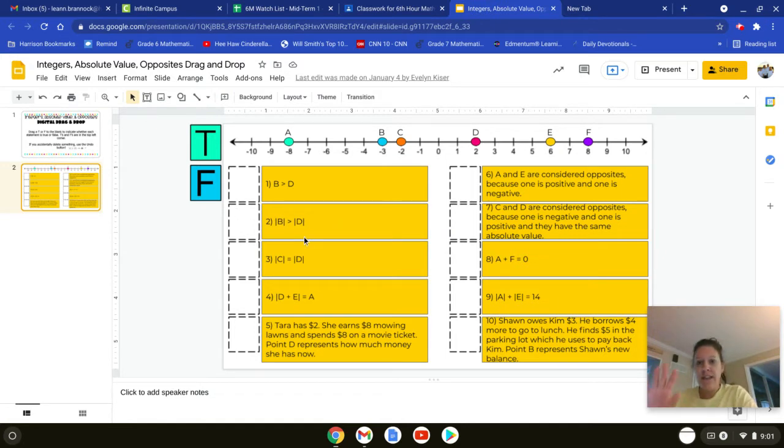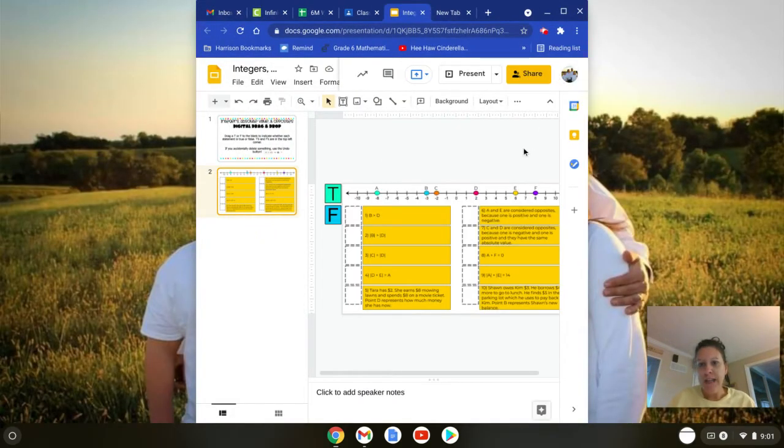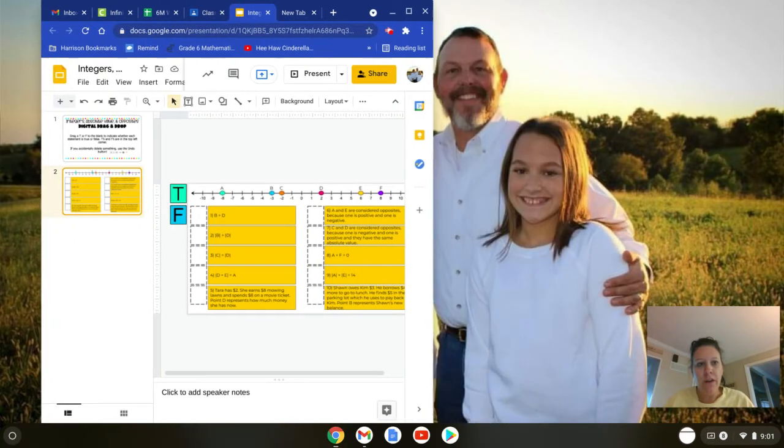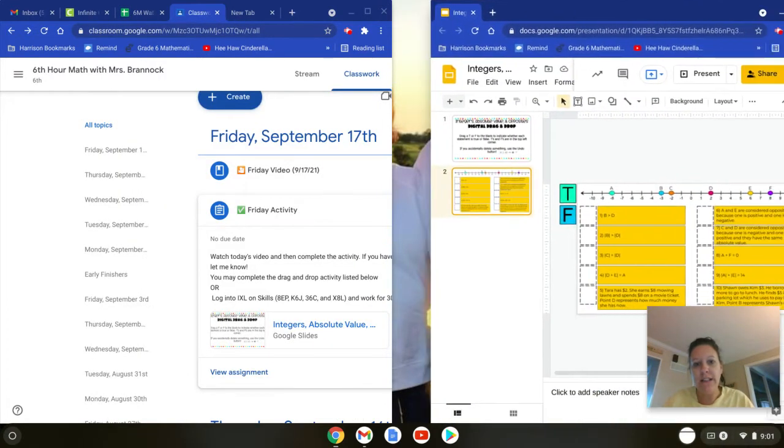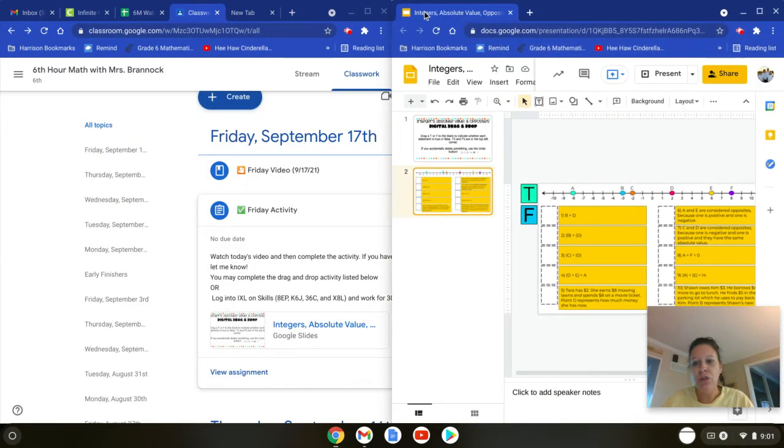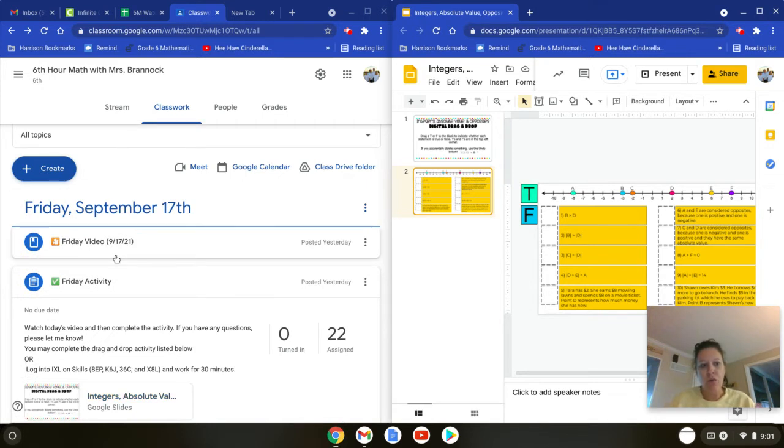You might have this as a split screen where you hit control bracket. What that does is shrink your screen to be half, and then you can watch this video and have your assignment pulled out to the side. You can do two things at once, working on the assignment and watching the video at the same time.